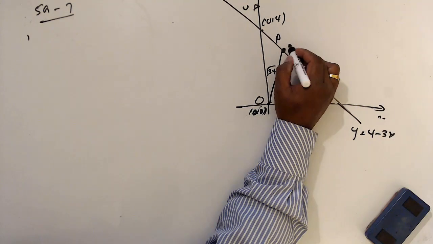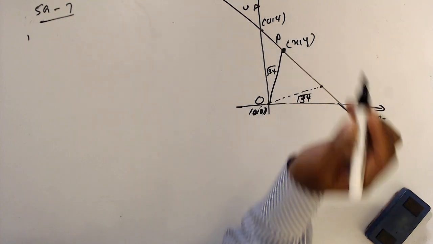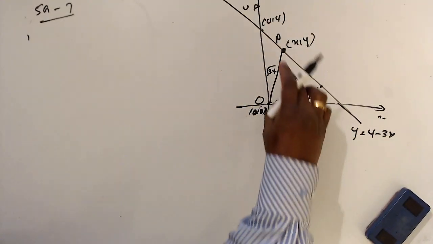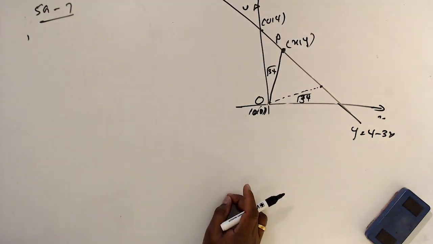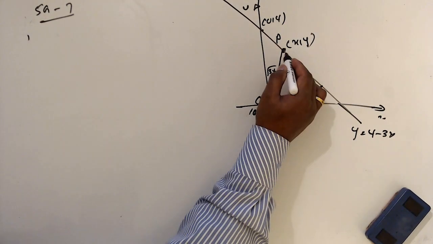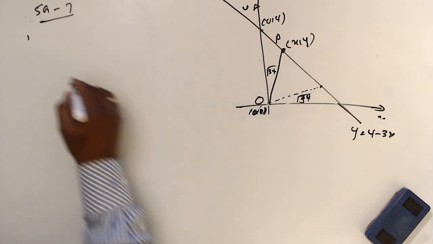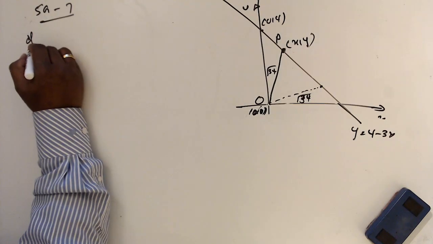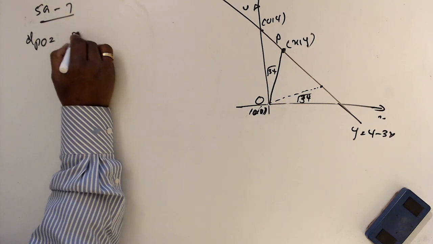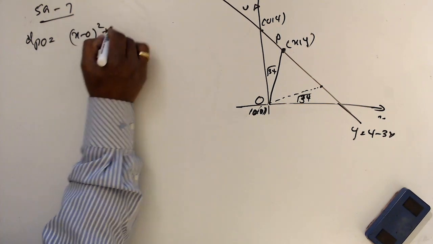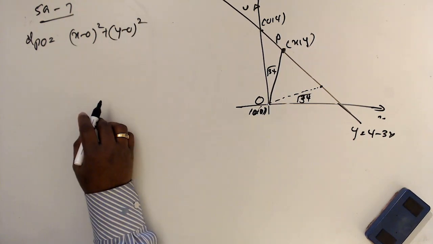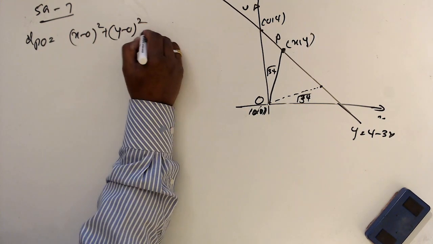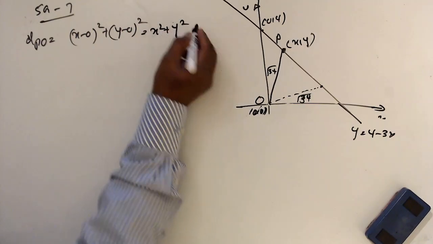I will consider this point as (x, y). Then I'm going to write an equation with x and y because I know this distance is square root 34. Then the distance PO is the square root of (x minus 0) squared plus (y minus 0) squared, which is x squared plus y squared.